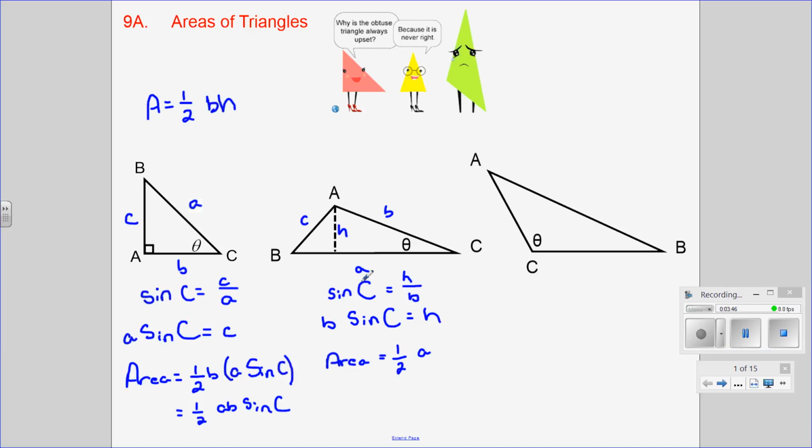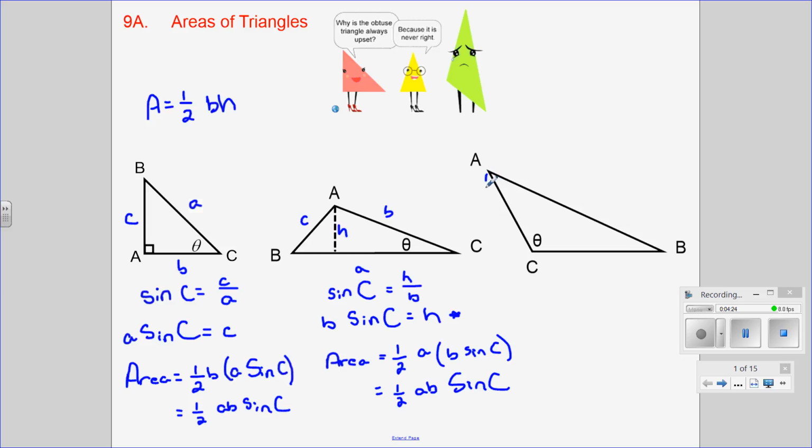My base is a, multiplied by the height, which is little b sine of big C, since we found it right here. If I simplify that down, I get 1/2 little a times little b sine of C. What I'm starting to notice is that a and b are the two legs that make up the angle C. If I look back at the first example, little a and b, again, are the two legs that make up this angle C. So I'm getting the same formula: the two sides and the one included angle.